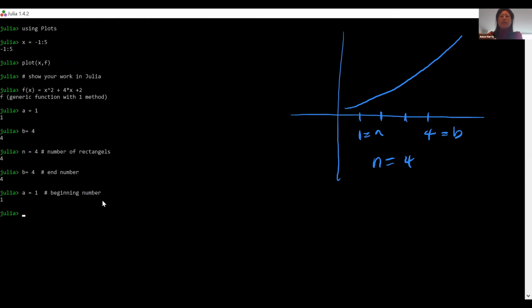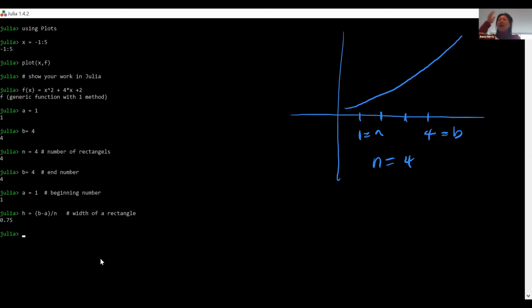All right, so now I need to find the width. Can I just call it h? h is b minus a, everything divided by n. That is my width, the width of a rectangle. And then height.